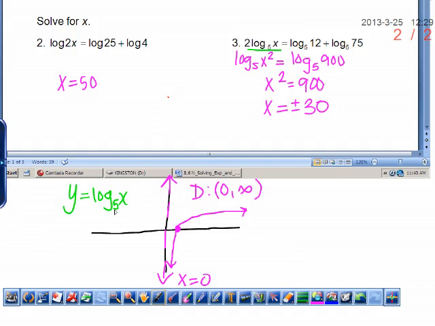It's the argument. So what that means is that this domain is talking about your argument. Your argument must be greater than 0. Has to fall in that realm because of what the graph looks like. So my answer to number 3 on my warm-up is not plus or minus 30. What is it? Just positive 30.